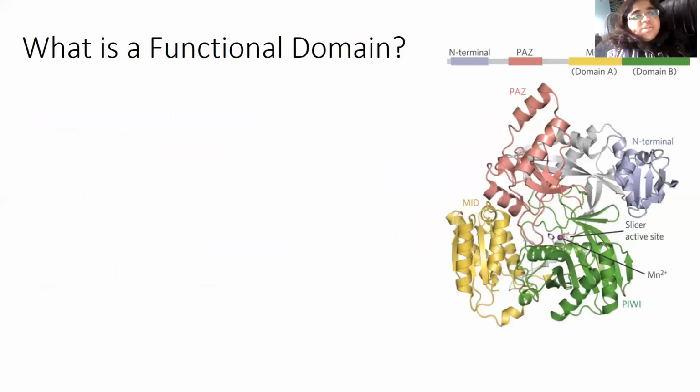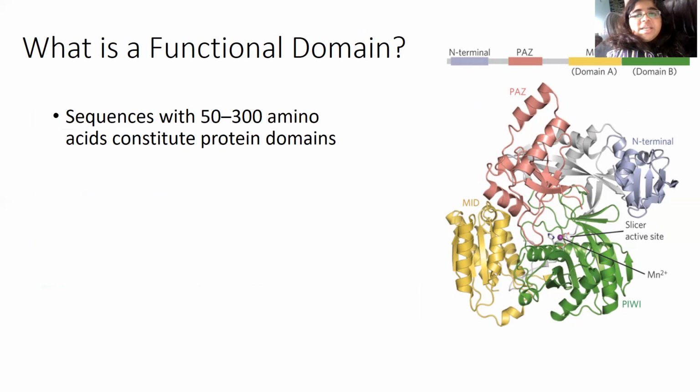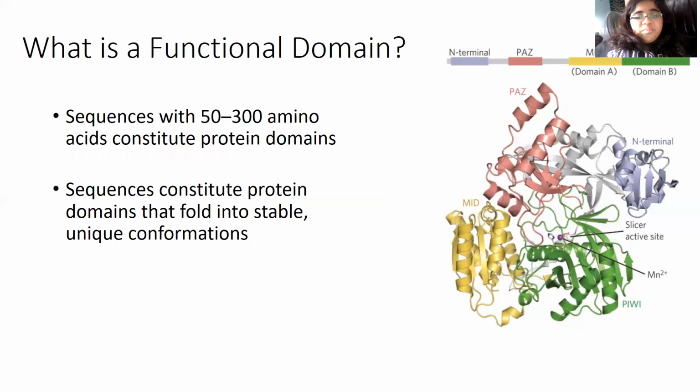So the next thing would be, what is a functional domain? A functional domain is essentially a sequence with 50 to 300 amino acids. Those are called protein domains or functional domains.